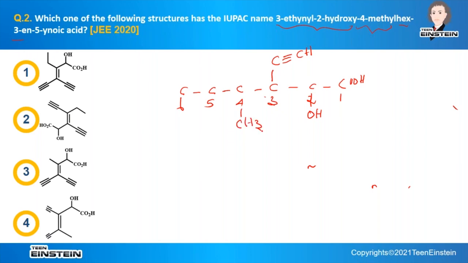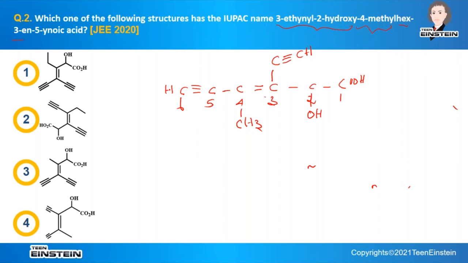We can see 3-ene, so in the third position one double bond is there. They also mention 5-ynoic acid, so there is one triple bond. Finally we have the structure, so we rewrite it like this.